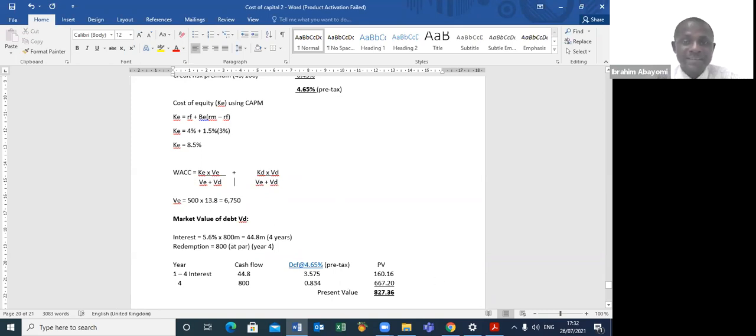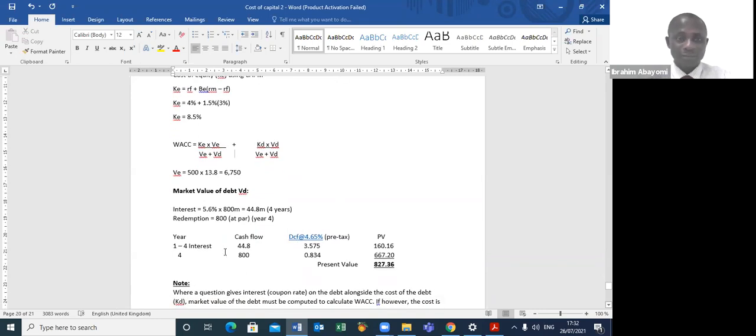How did we get the market value of debt? We got it by discounting the interest payment on the debt. Now, the current debt has a 4-year maturity. The cash flow, which is the interest, is 5.6% times 800 million, giving us 44.8. And the redemption is at par, which is 800.